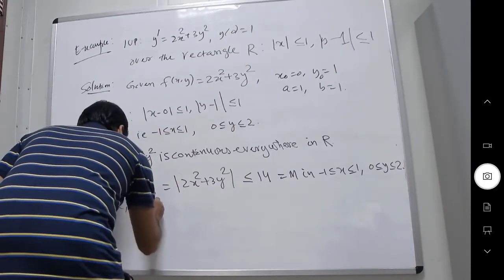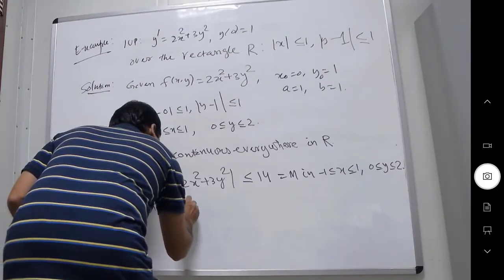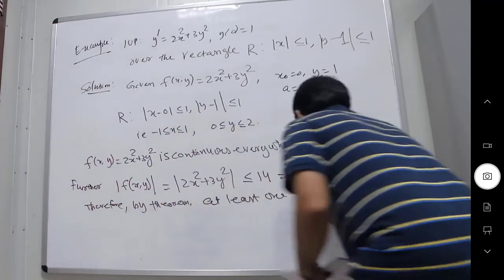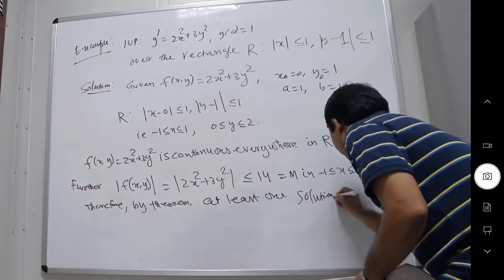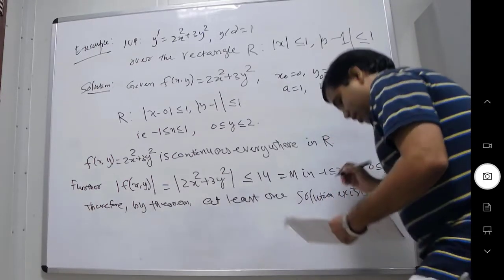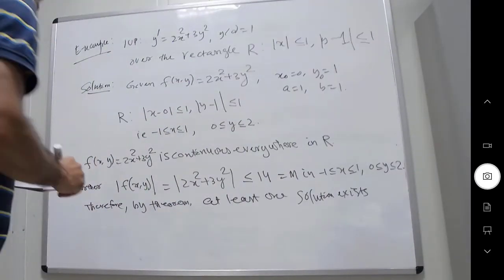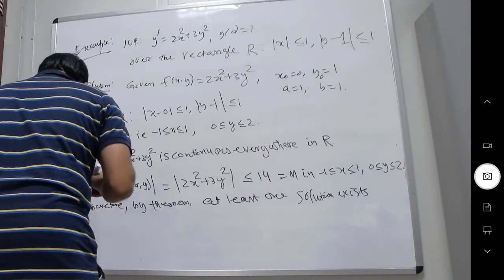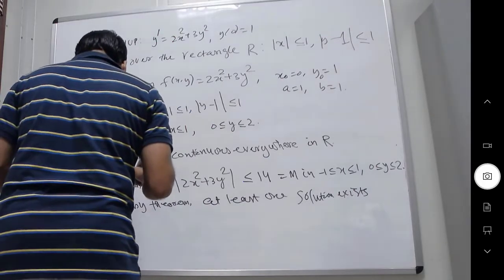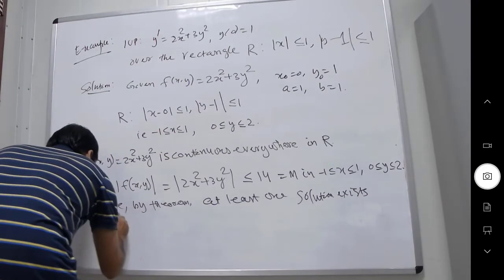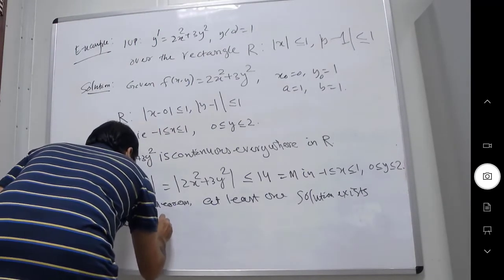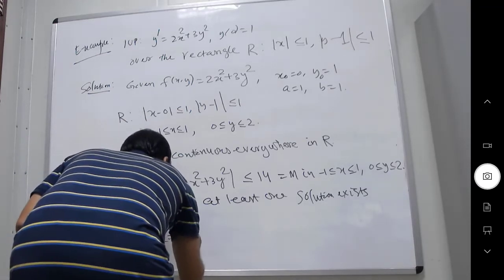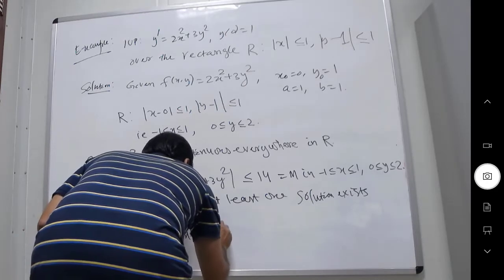By the theorem, at least one solution exists in the interval I equal to mod x minus x naught less than equal to h.